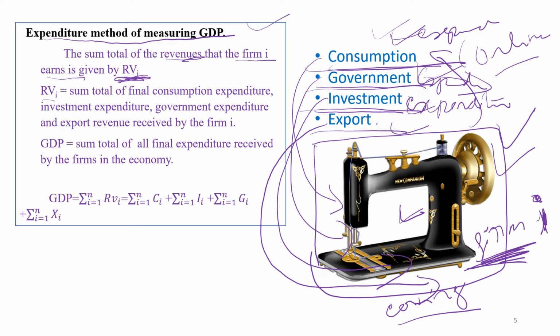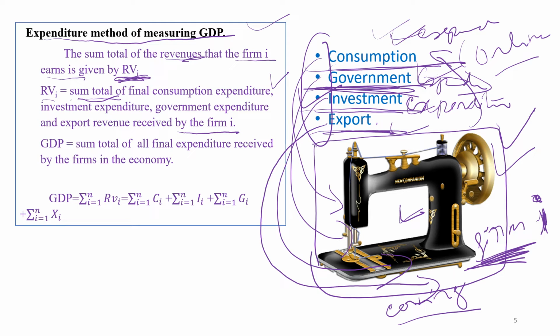See, RVi is equal to the sum total of final consumption expenditure, investment expenditure, government expenditure, and export earnings received by firm i.